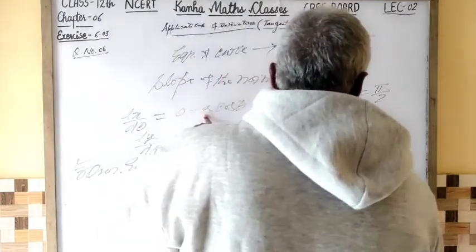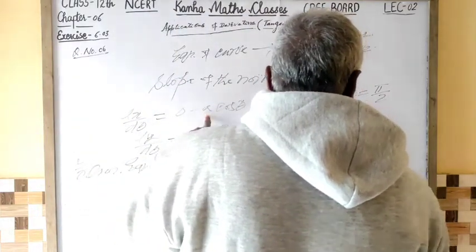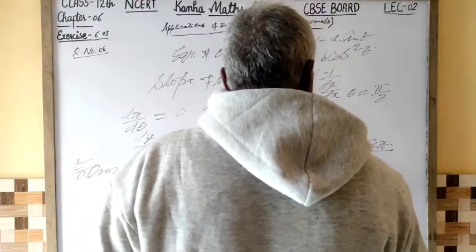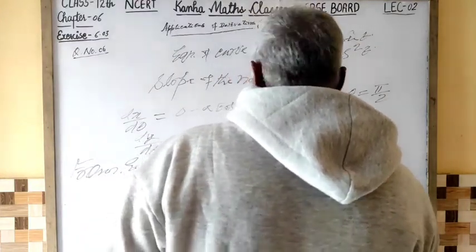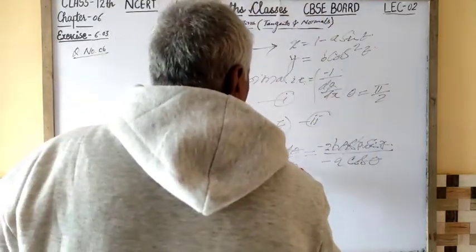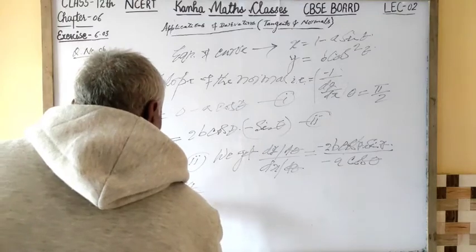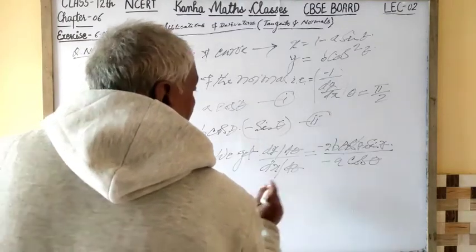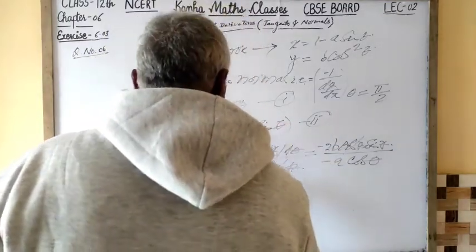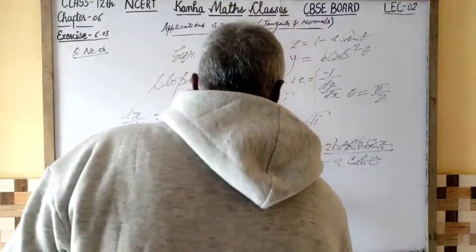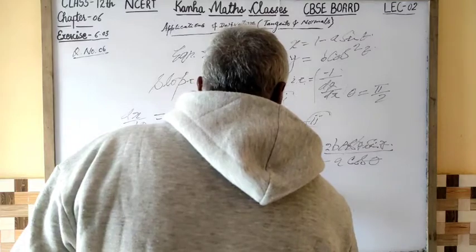The cos theta will be cancelled by cos theta, and d theta will be cancelled by d theta. This will become dy by dx, minus minus plus, that is 2b by a, and here only sin theta is left.